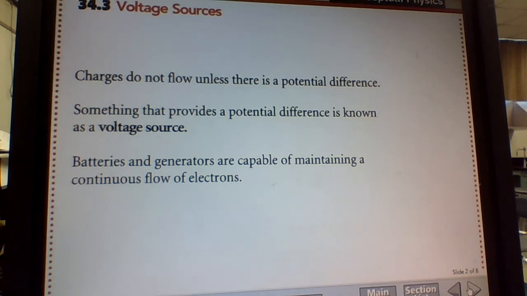They create this potential difference, which is kind of like tilting a pipe, one end higher than the other. When that pipe is tilted, the water flows down to the lower end of the pipe. Well, a voltage source or a potential difference is created by having one end, the positive end, higher than the other end, the negative end.